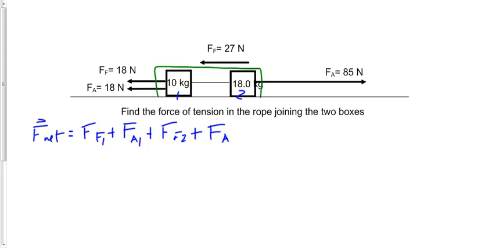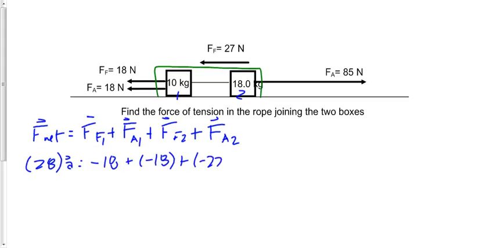FA1, we'll call it FA2 to the right. All right, the total mass is 28 kilograms times the acceleration. FF1 is -18 plus -18 plus -27 plus +85. We do the math there.